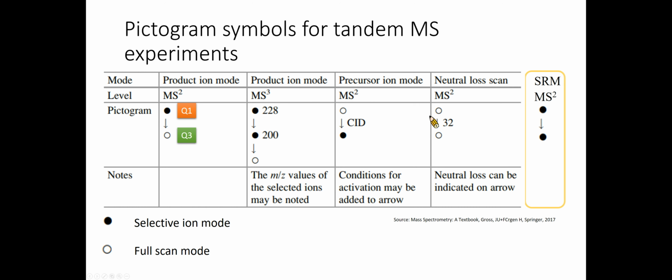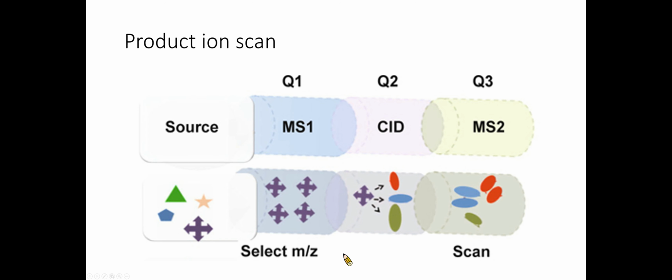The scanning mode of each mass filter is denoted with pictogram symbols from Q1 to Q3, where the solid circle stands for selective ion mode and the open circle stands for full scan mode. In the following slides, we will introduce each operation mode in detail.